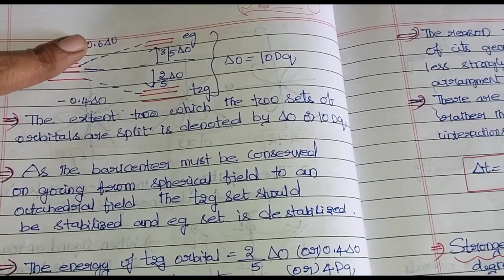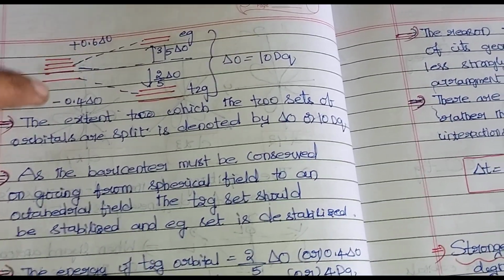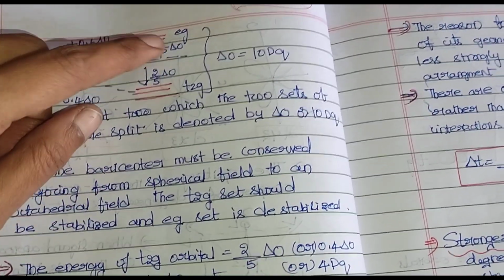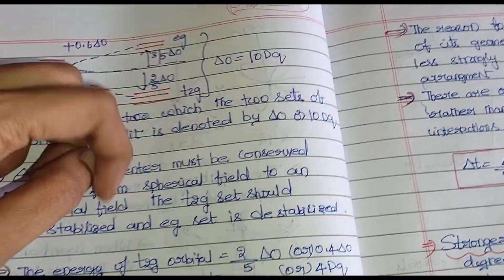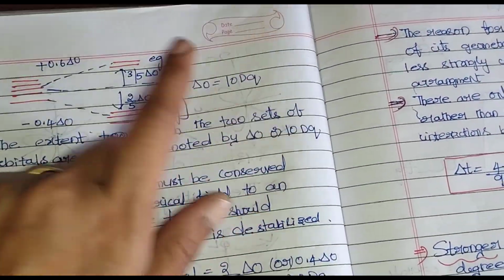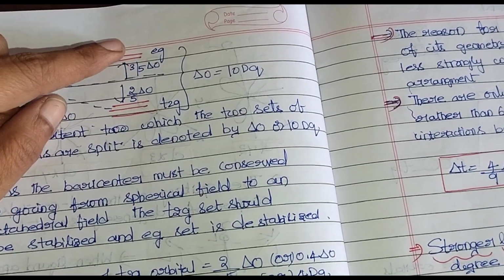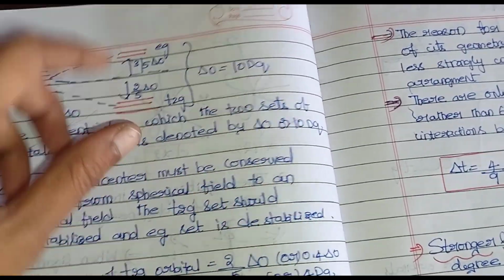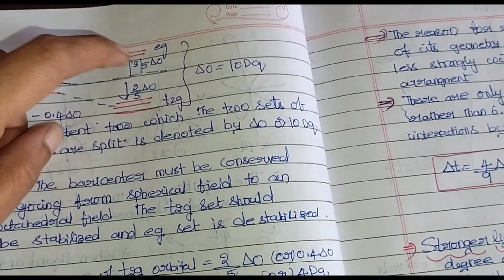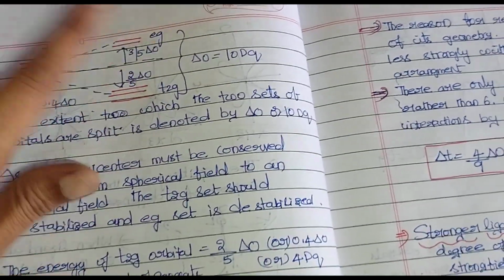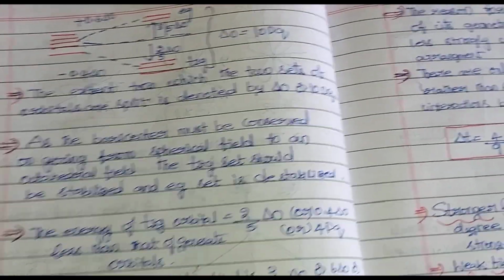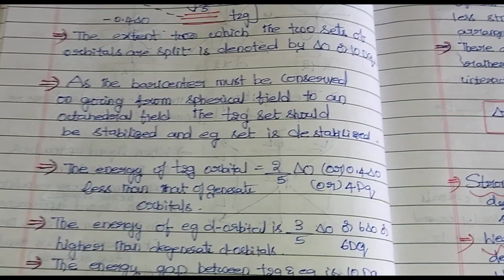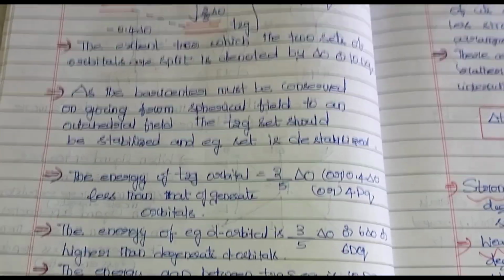Just remember, this is plus 0.6 delta 0, this is minus 0.4 delta 0, this is 6 Dq, this is 4 Dq, together 10 Dq. This is 2 by 5 plus 3 by 5, we get 5 by 5, which is 1, so delta 0 is 3 by 5 minus 2 by 5. Like this we can consider. This is all about octahedral complexes, how the crystal field splitting occurs.